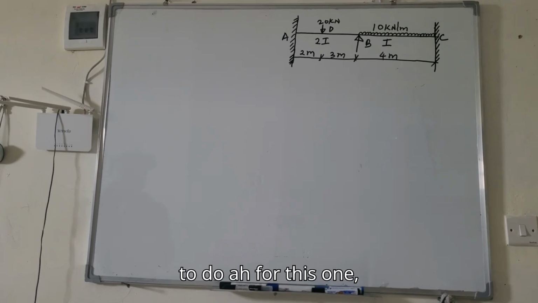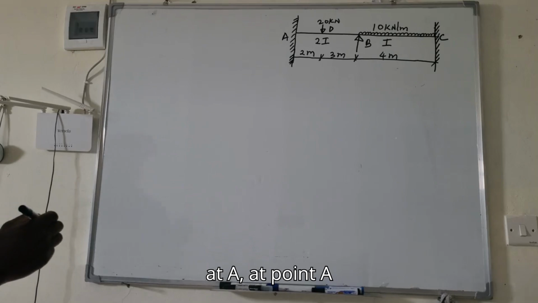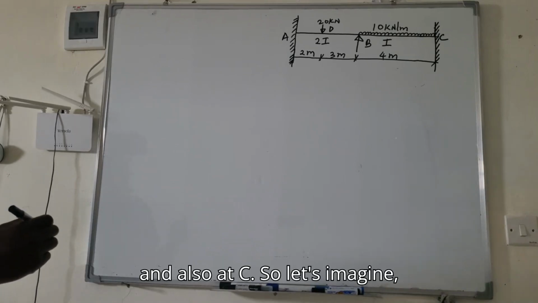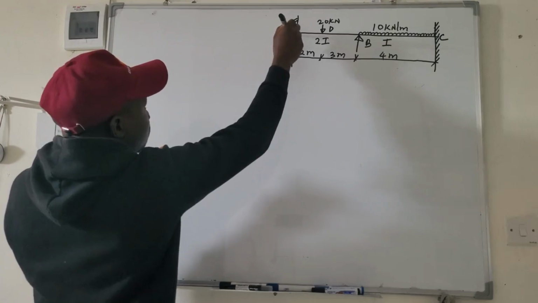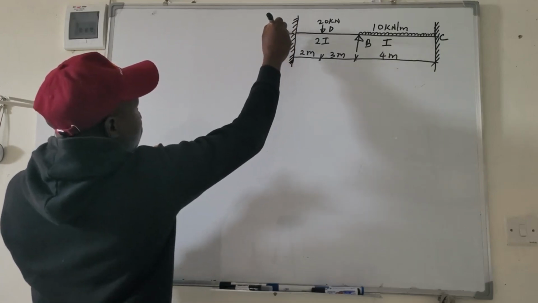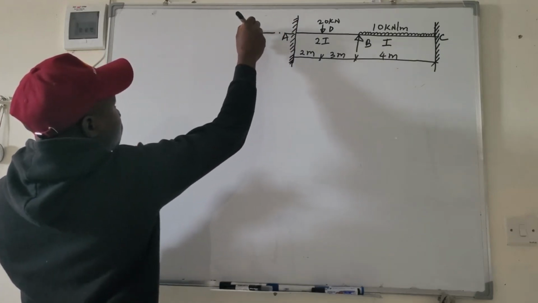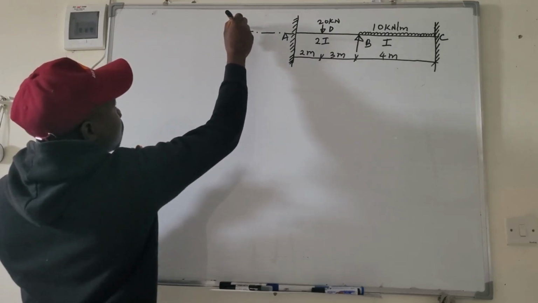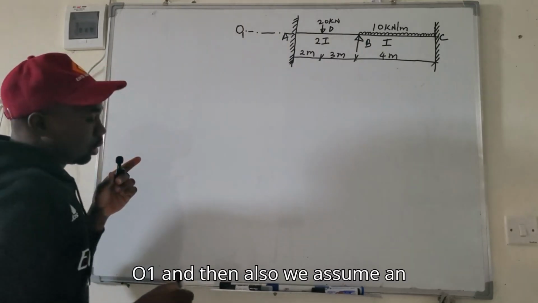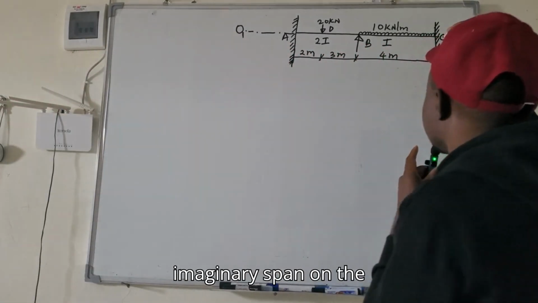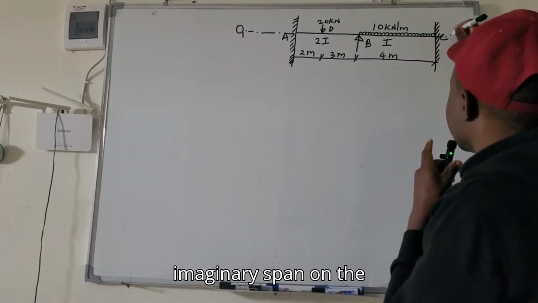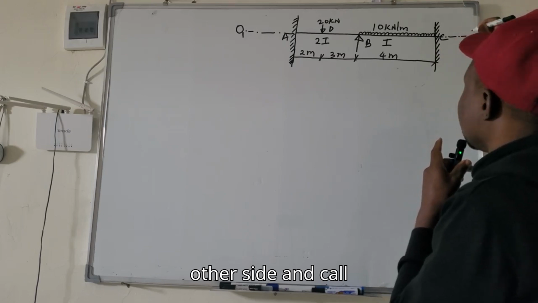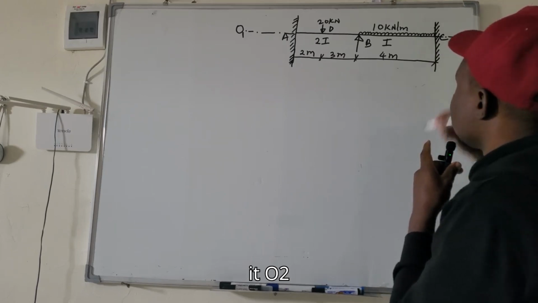The first thing to do for this one is to assume an imaginary span at point A, and also at C. Let's call it O1, and then we also assume an imaginary span on the other side and call it O2.